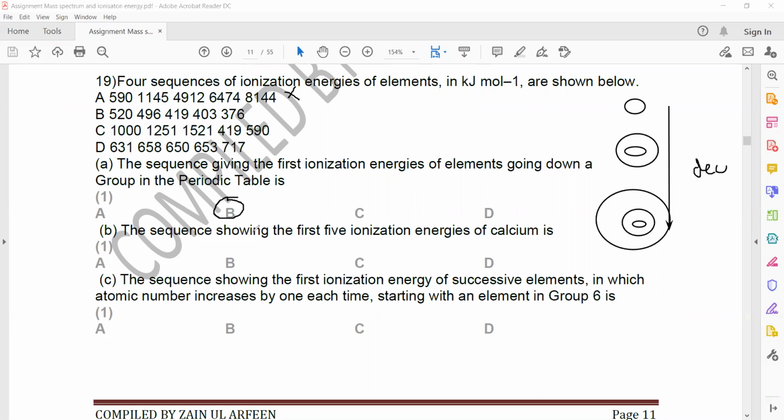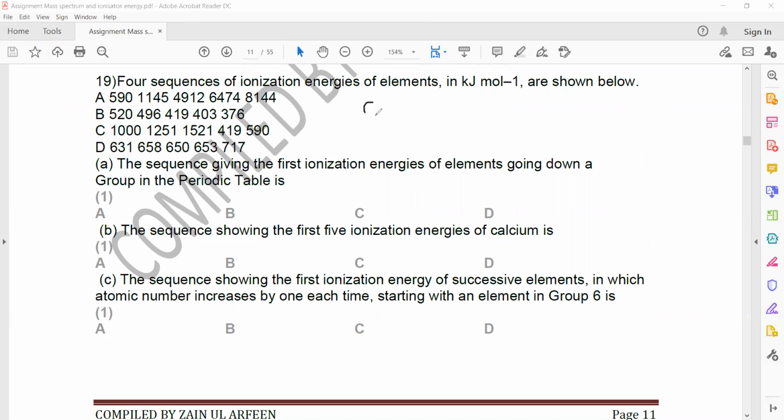The second question, the sequence which shows the first 5 ionization energies of calcium. Calcium is 20 and 40. When we write the electronic configuration for calcium, it is 1s2, 2s2, 2p6, 3s2, 3p6, 4s2. So when we remove electrons, the first electron is from 4s, then 4s, and then 3p.